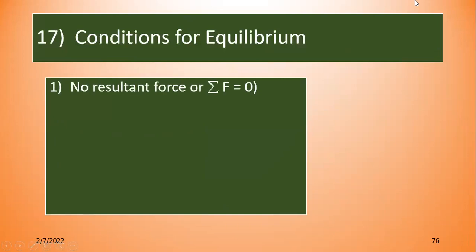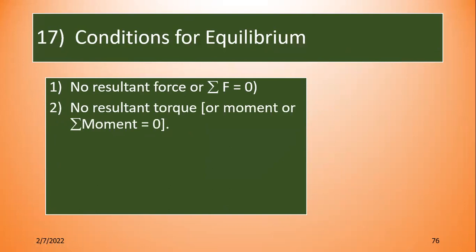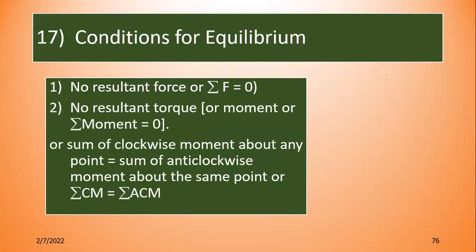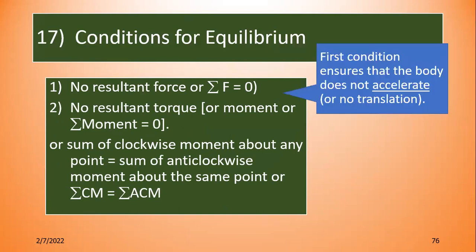So we summarize the conditions for equilibrium: no resultant force, no resultant torque, sum of clockwise moments about any point equals sum of anti-clockwise moments about the same point. The first condition ensures the body does not accelerate, or we call it no translation, no linear motion.